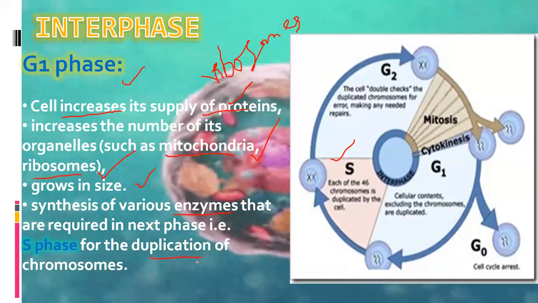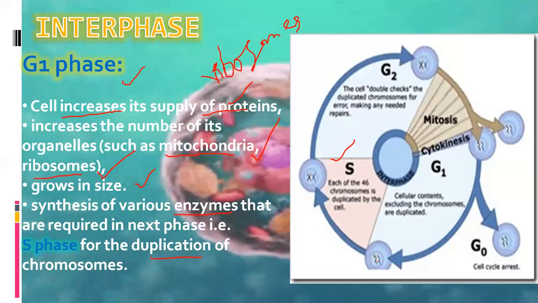In the S phase, the main process is the duplication of chromosomes. It means the DNA which is present as thread-like structures in the nucleus. Here we can see this is the mitotic phase, but we are talking about interphase. This is the G1 phase, the longer phase, and here we can see thread-like chromatin material in the nucleus.